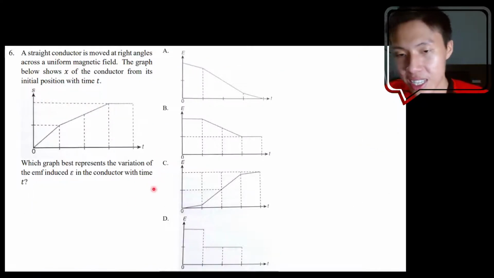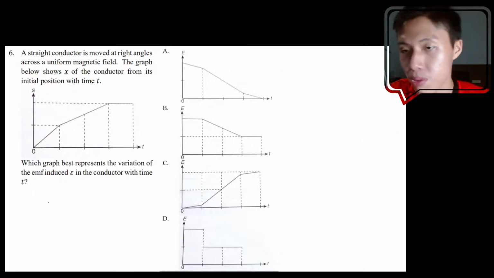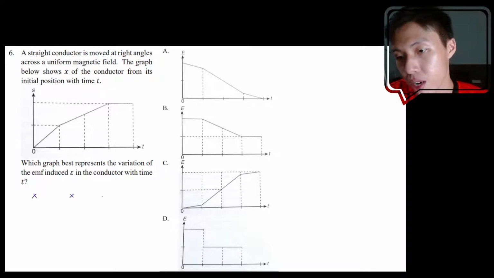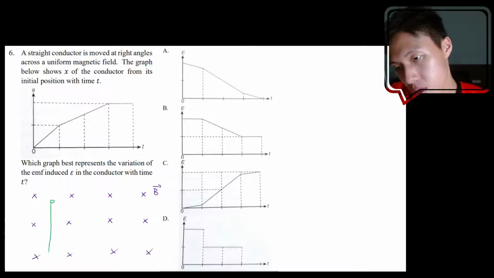Okay, the idea is like this. Probably need to draw this out. This one is a bit more complex. You have a uniform magnetic field. I'll express this in terms of these crosses over here. You have magnetic field pointing into the page. And you have a straight wire conductor. Okay, so it starts at a position here, let's say x equals 0.